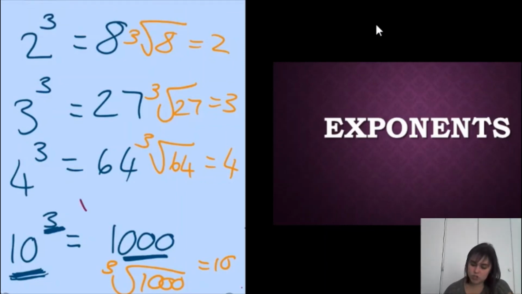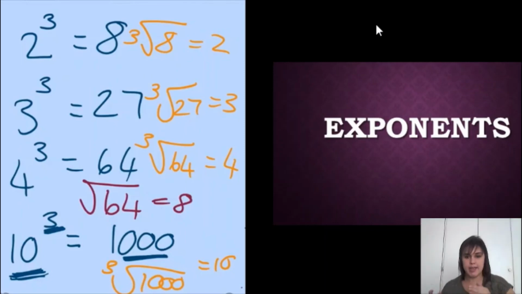What is the square root of 64? Not 4. Square root will be 8. Why? Because 8 times 8 is 64. But the cube root of 64 is 4. Why? Because 4 times 4 times 4 is 64.